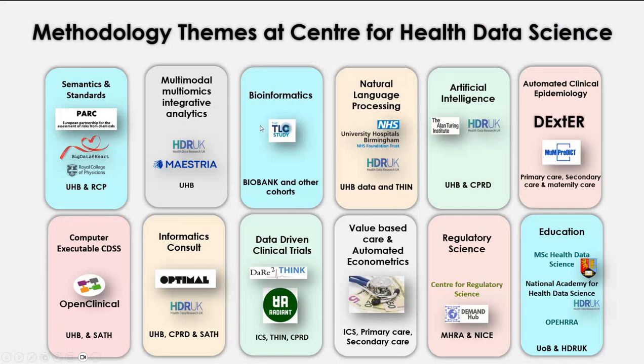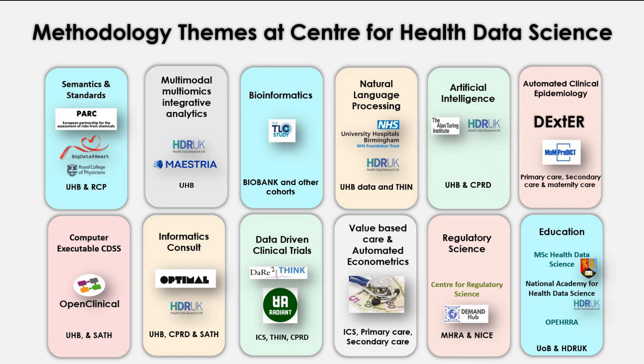So this is the center we have created here in University of Birmingham. And you can see across that there are two key things. One, we wanted to bring a large number of methods in one place. So the type of work I do is to do with clinical epidemiology, computer executable guidelines, data-driven clinical trials, whereas the work my colleague does is mostly around AI, bioinformatics, and so on.